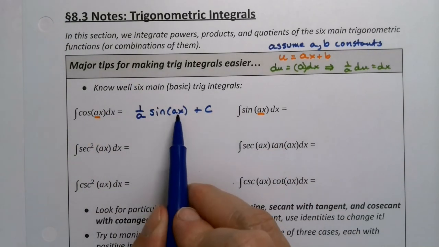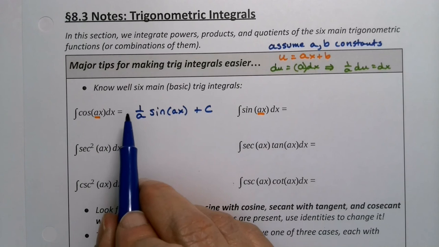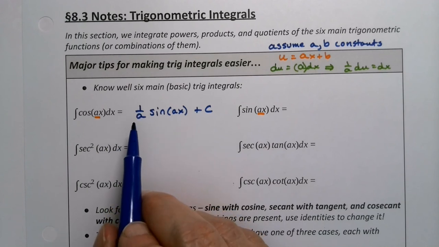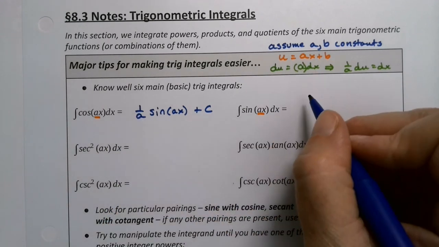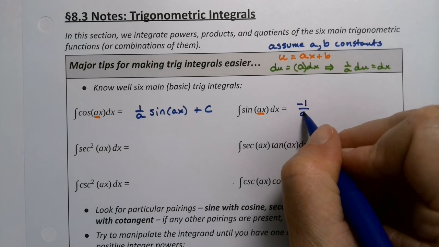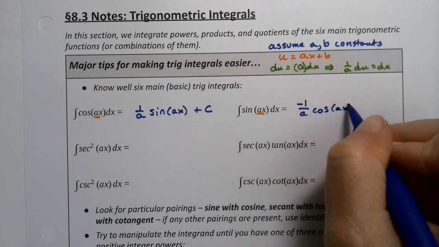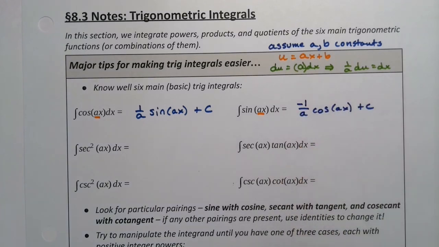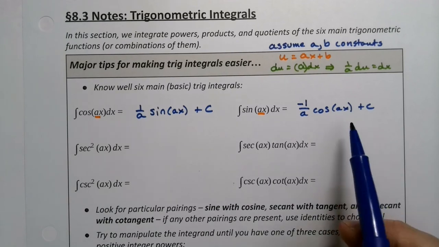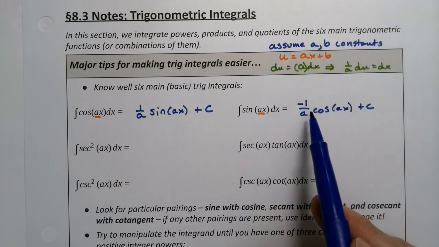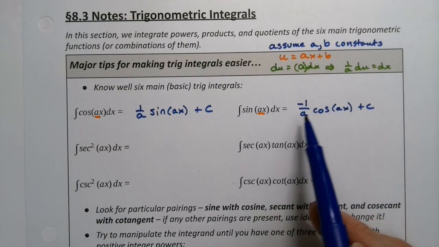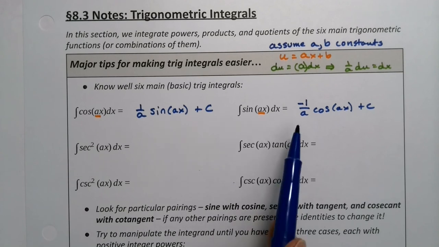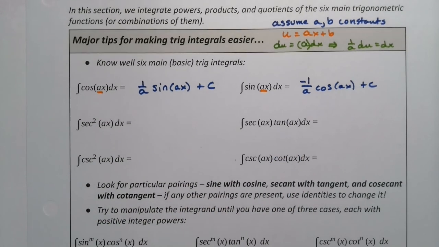And again, it could be ax plus b in there, and it would still need to be 1 over a out in front. Similarly, the integral of sine would be negative 1 over a cosine of ax. We've actually already used these in some examples in the previous sections, because the u substitution on these is so simple that we basically skip over it and just kind of wave our hands at it. And so now I'm giving you carte blanche to do so.